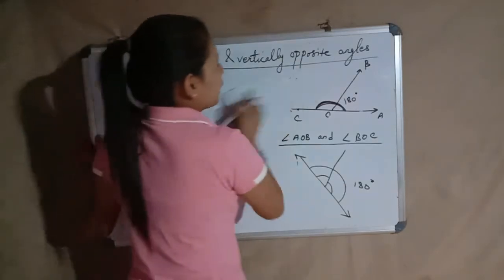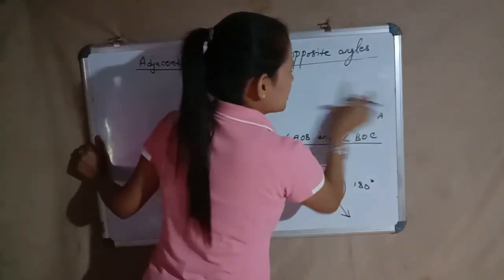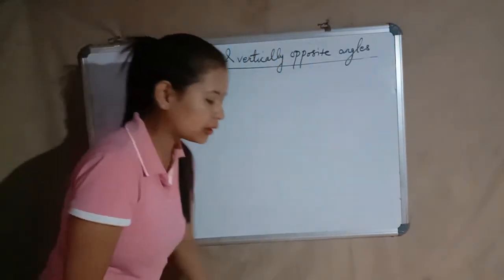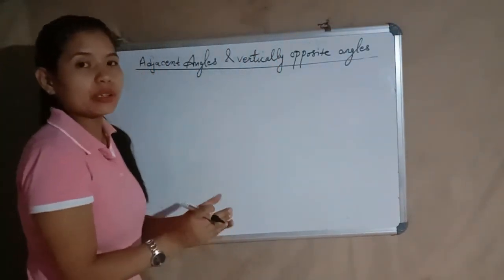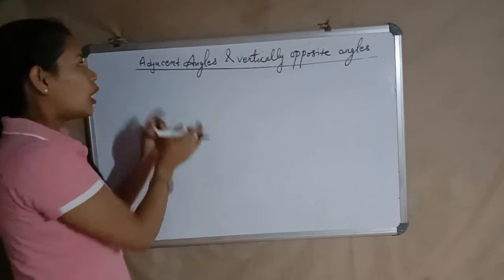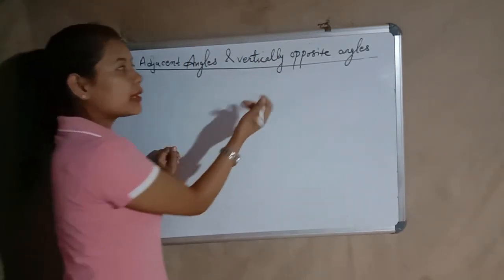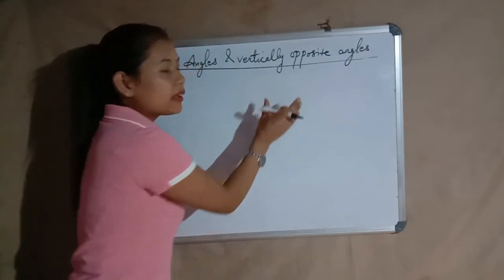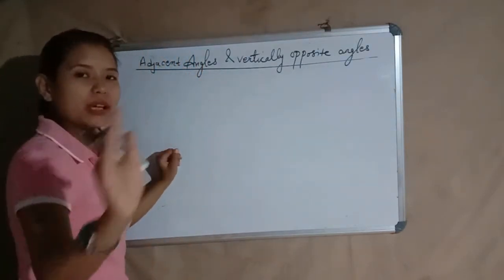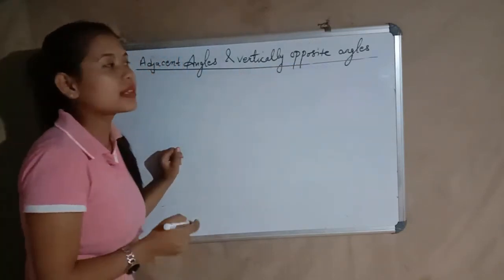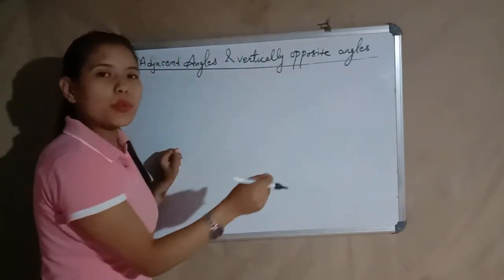Now we have something called vertically opposite angles. Here we are discussing the types of angles based on position, where they exist. The first one was adjacent angles, and another is vertically opposite. As the name suggests, the angles which lie opposite to each other, vertically opposite, are named vertically opposite angles.